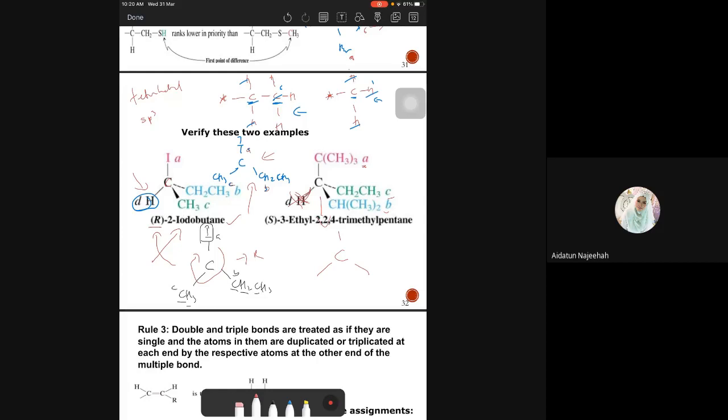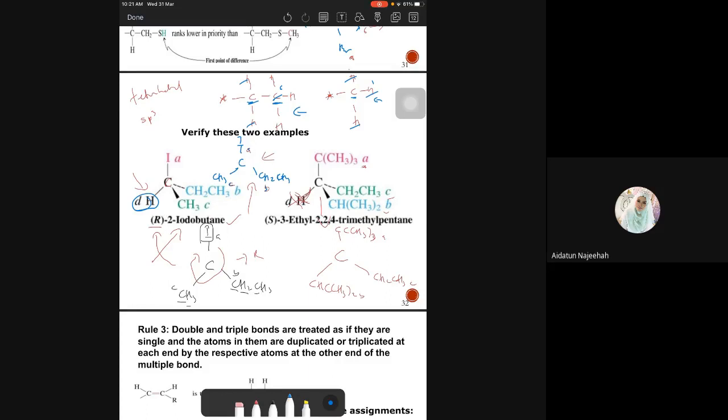So you have your CH3 on top. This would be your A, and then another CH2, CH3, the green colored one. Okay, this would be C, and then your CH3 2. So this would be B. So based on this, you have to determine the rotation as well.